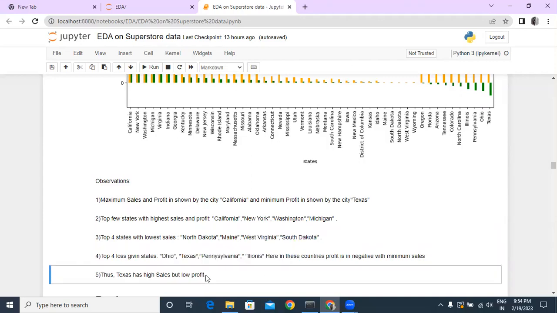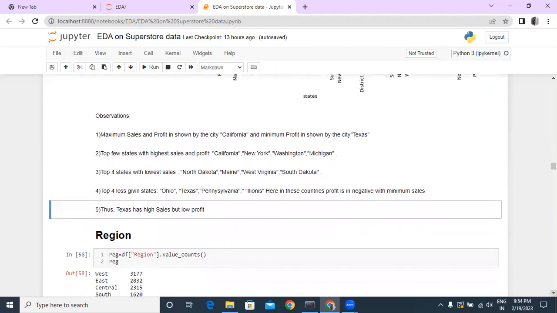We can also observe that Texas has high sales but low profit because its profit is going negative. So the business manager or the store should deal with these states which are giving highest sales but their profit is going in minus. They should work upon the processes, or we should decrease their sales because that is leading the store to loss.